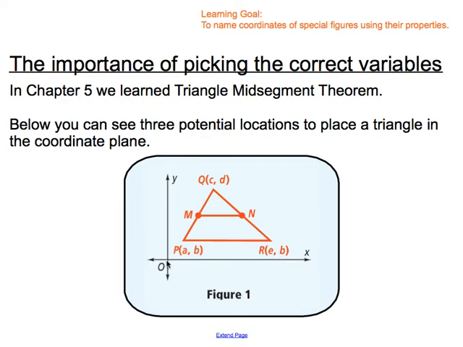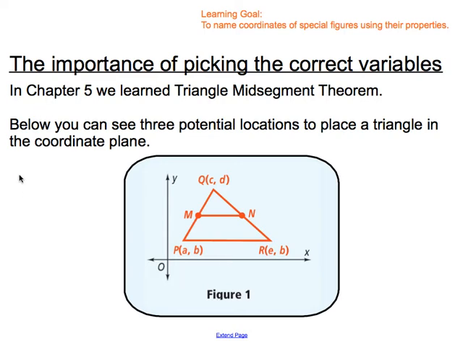In other words, P has moved some distance right and then up some distance B, where R has moved right some distance E and then up that same distance B. That gives us the base of this triangle, which is horizontal, or parallel to the x-axis.